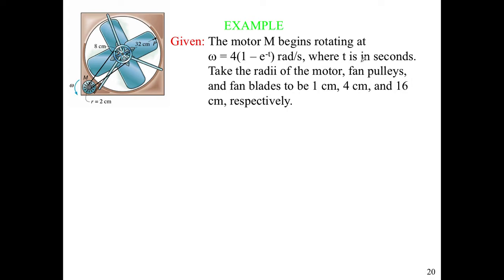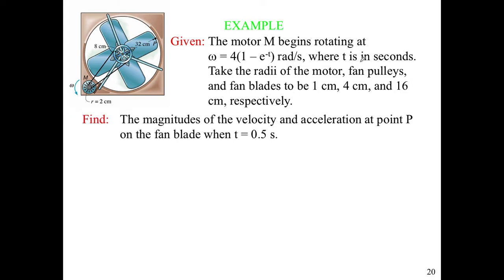So now what we want to find is the magnitude of the velocity and acceleration of this point P, which is somewhere far out on the fan blade, when the time is 0.5 seconds.